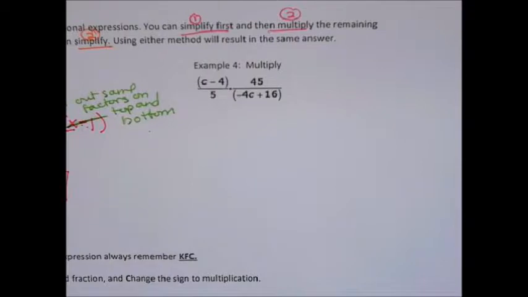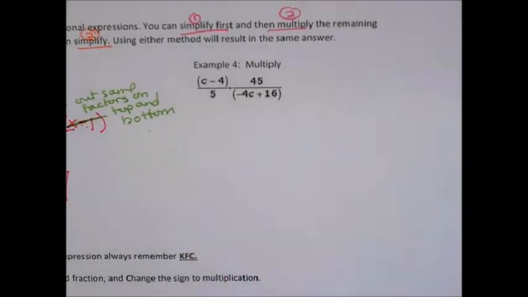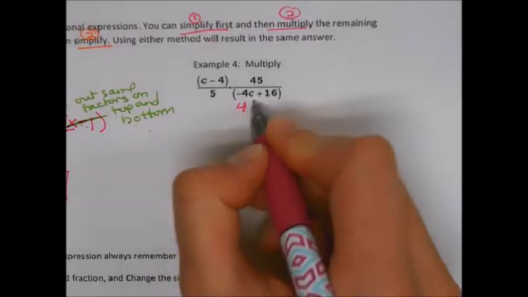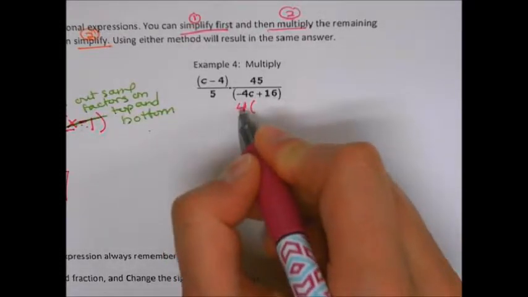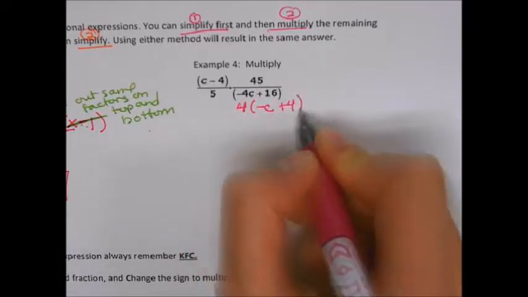So again, our first step should be to factor. Let's see. I can't factor this, I can't factor this, I can't factor this, I can factor the bottom. I have a GCF of 4, so I'm going to take out a 4, and I get a negative c, because 4 times negative c is negative 4c, and a positive 4.